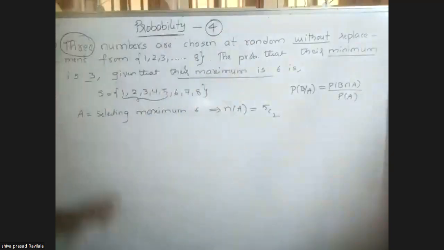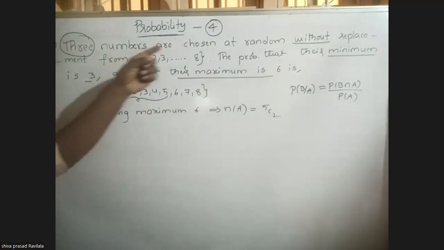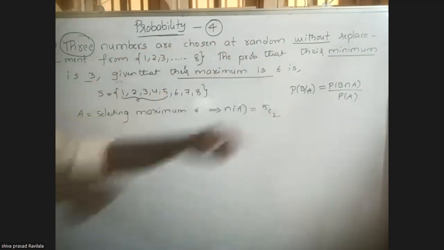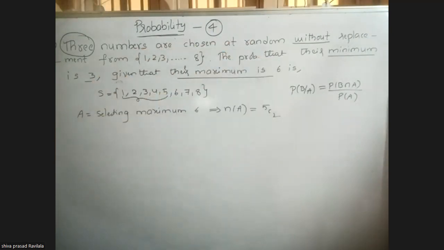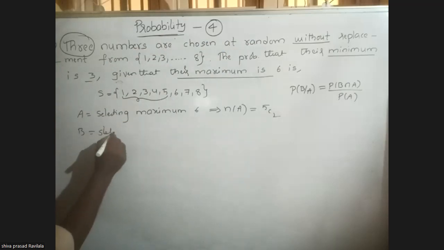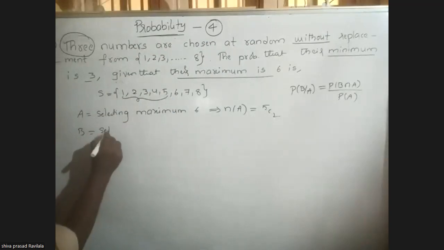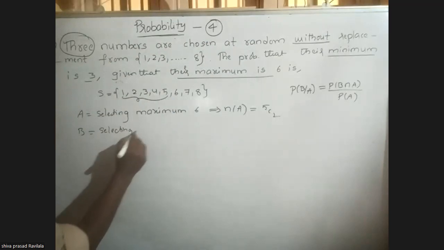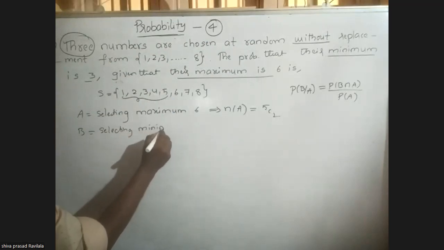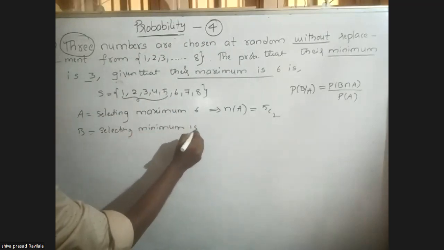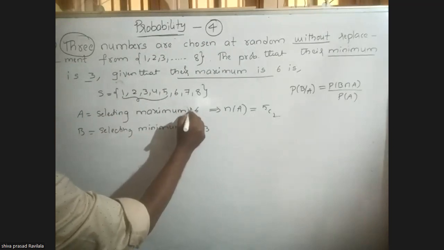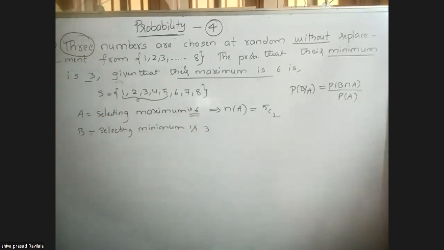A is selecting maximum 6, and B is the required probability, that their minimum is 3. Let B be selecting minimum 3.